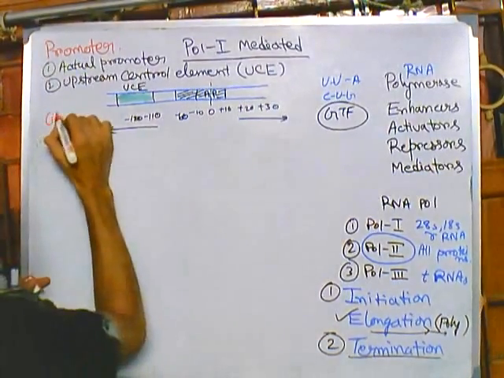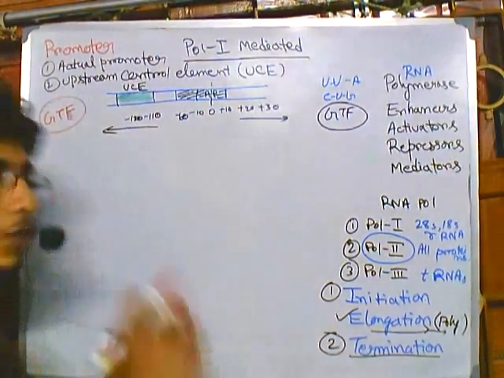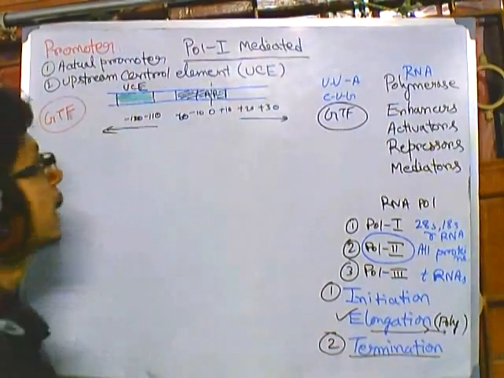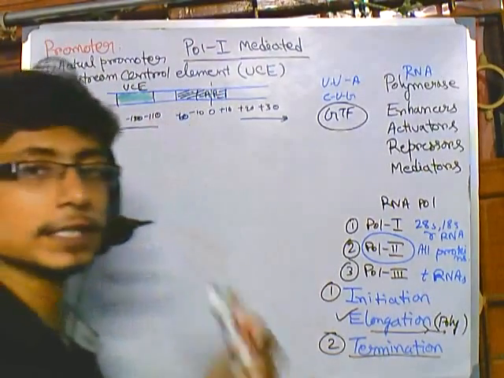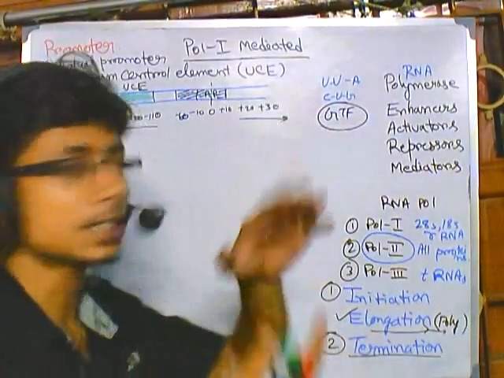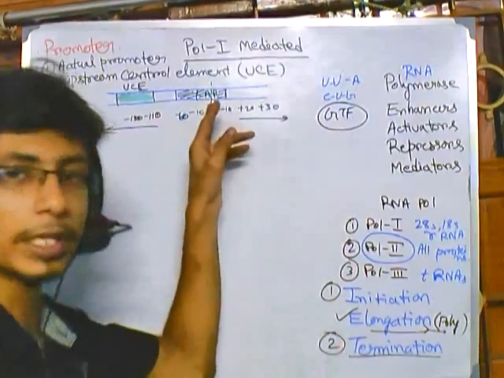So we have generalized transcription factors, GTFs. The GTF is going to bind with this UCE, or upstream control element, and then they are going to modify this, and they are going to recruit this RNA polymerase I and attach it with this DNA sequence and hold on to this promoter region.